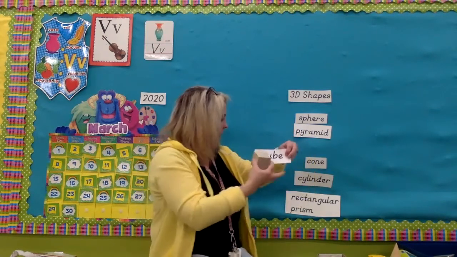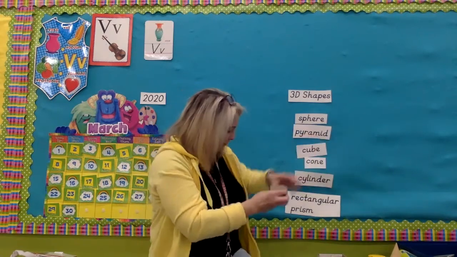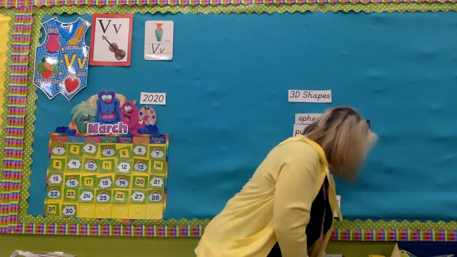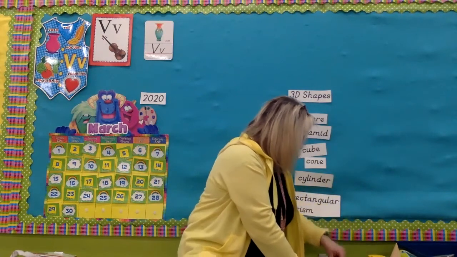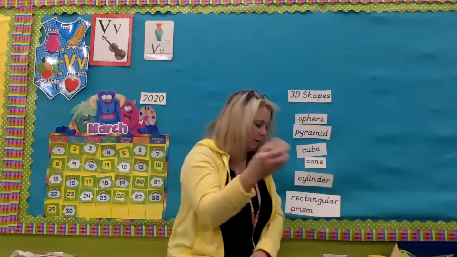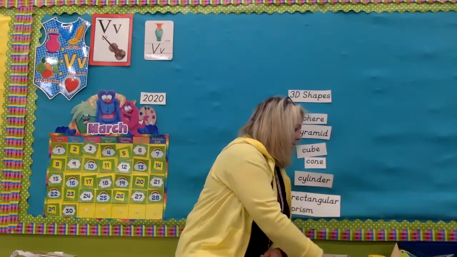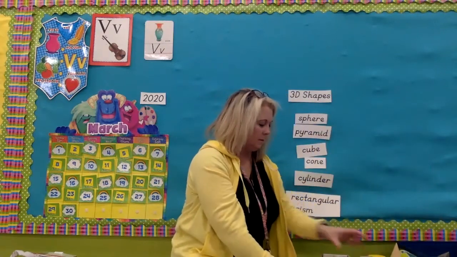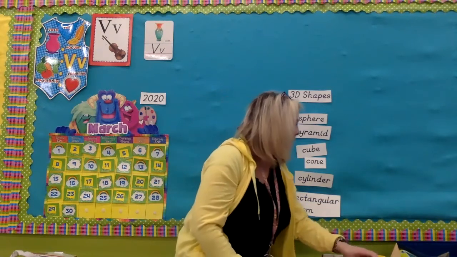All right, now the next one we're going to look at, here's the cube. Let me see if I have another cube. I do have another one. He's got numbers on it. You can stack him. Got lots of them in here. There's another one. We can stack them. Looks like some of our blocks that we have in the building center, doesn't it?